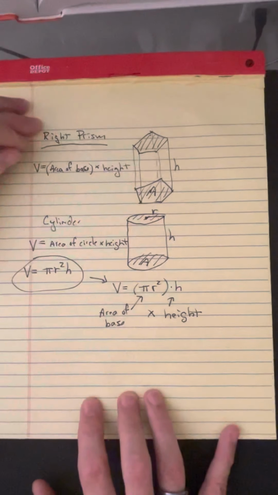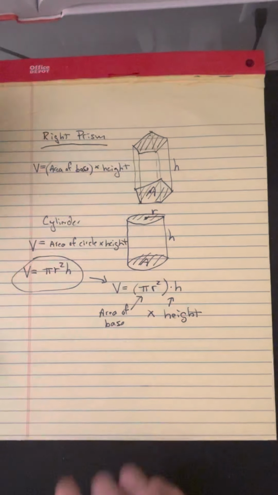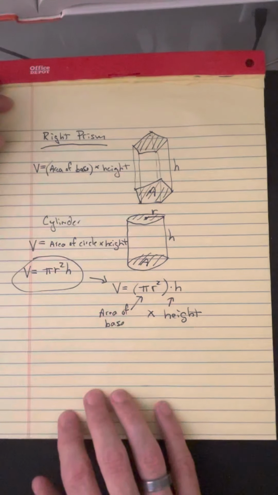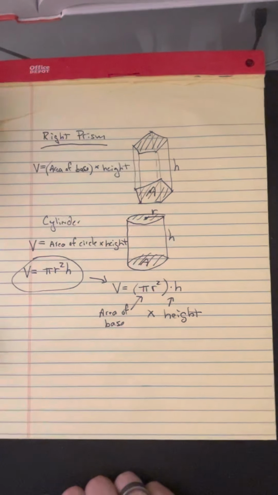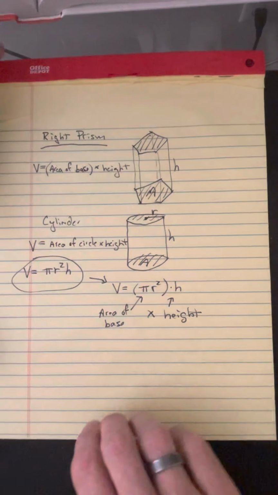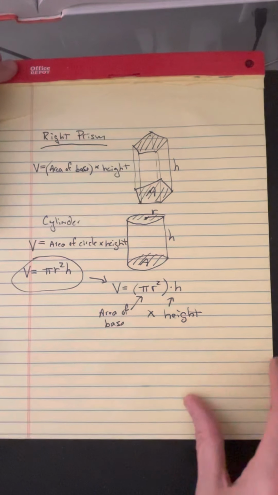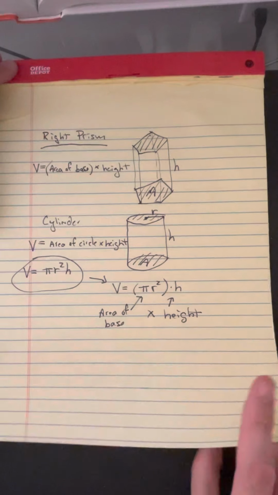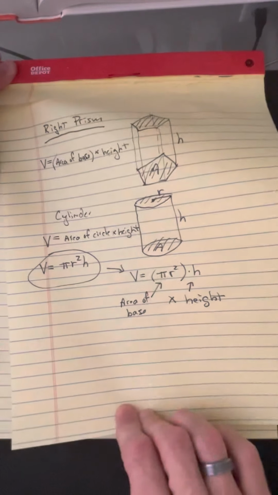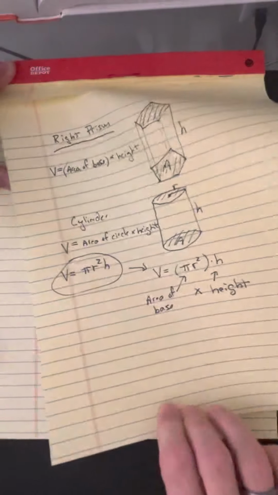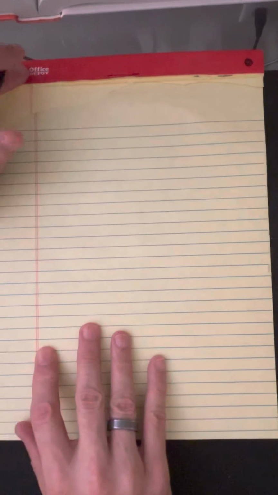You can find the volume gets longer as the height increases. Okay, so that's something that's kind of cool. If you want to do prisms, right prisms, or cylinders, you've got this really nice formula, the area of the base times the height. Now, what happens with a pyramid?